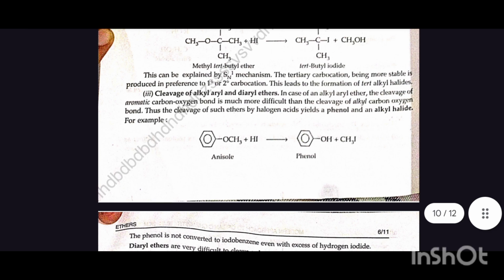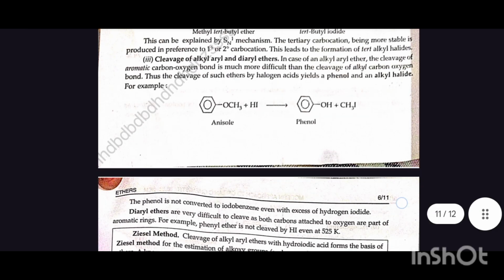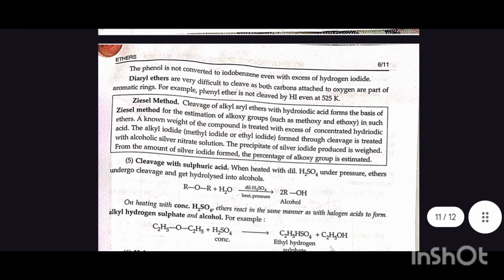For example, anisole plus HI gives phenol plus CH3I. The phenol is not converted to iodobenzene, even with excess hydrogen iodide. Diaryl ethers are very difficult to cleave, as both carbons attached to the oxygen are part of aromatic rings. For example, phenyl ether is not cleaved by HI even at 525 Kelvin.